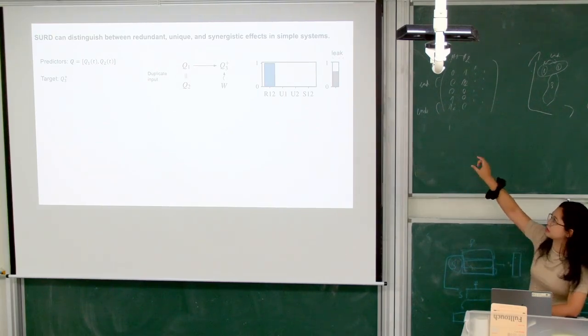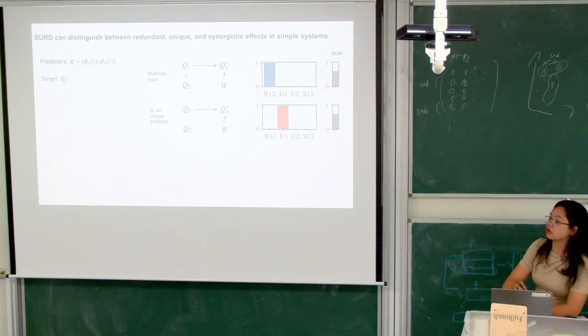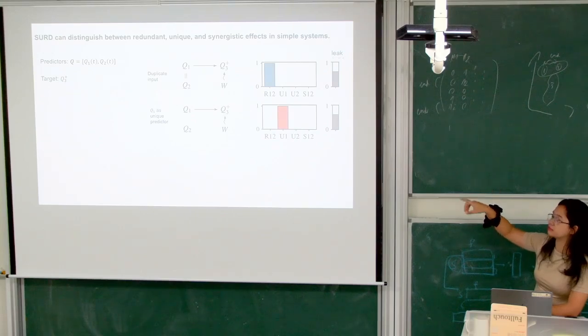And you can see the leap there. That is just the conditional entropy from the information of the predictors. And the second case is where only Q1 has an effect on Q3 plus. And you can see that the rest, all of the scores are 0 except for the unique causality from Q1.